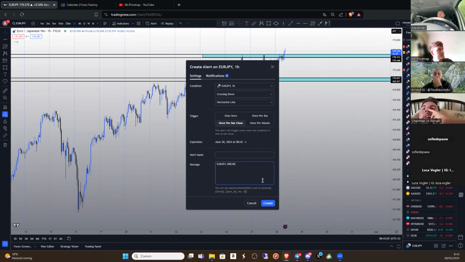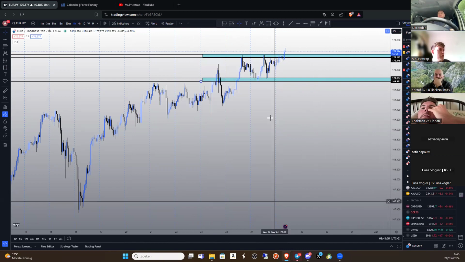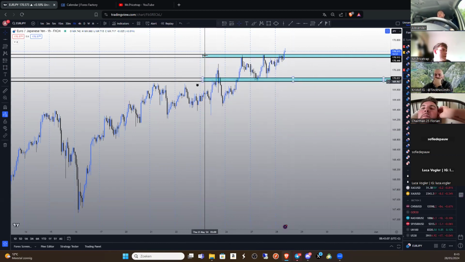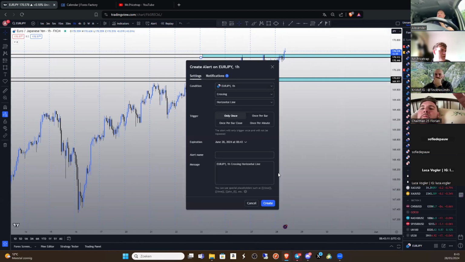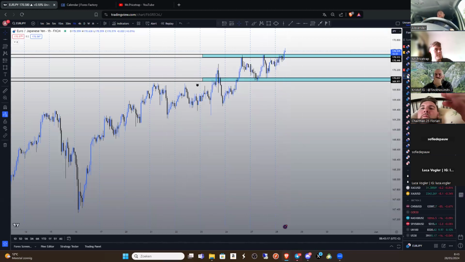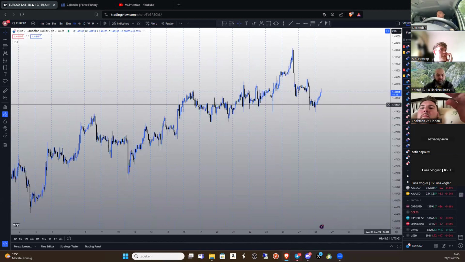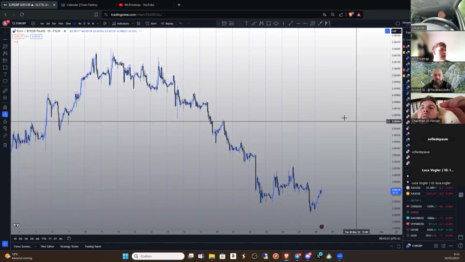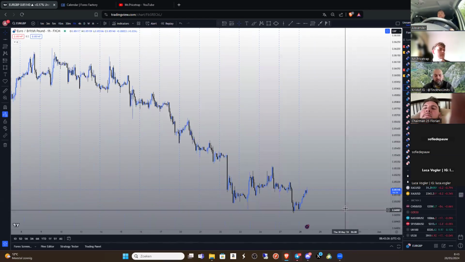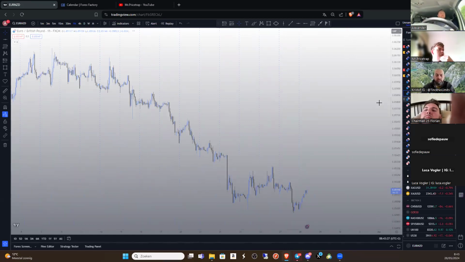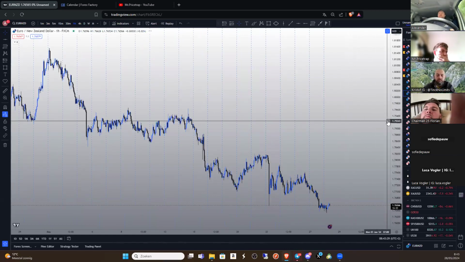I'm definitely going to try this again. Let's see if we can follow that uptrending movement here, and of course, if we can get a proper retest. Euro Canadian, I'm going to stay away from that one. Also going to stay away from this.